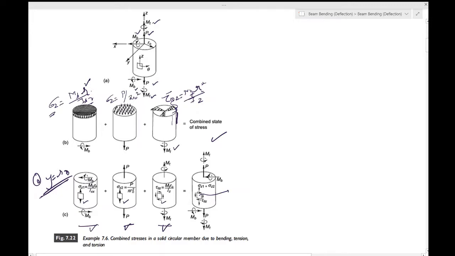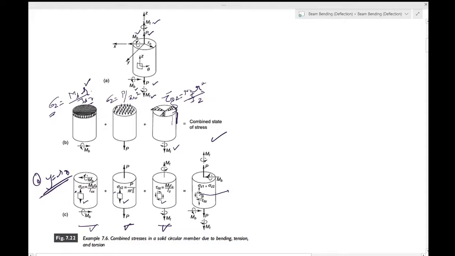Okay, so you have the shear stresses acting, so sigma z2 and sigma z1. Okay, and sigma z2 will also be equal to P by pi r naught squared. Okay, that's how it has to be.